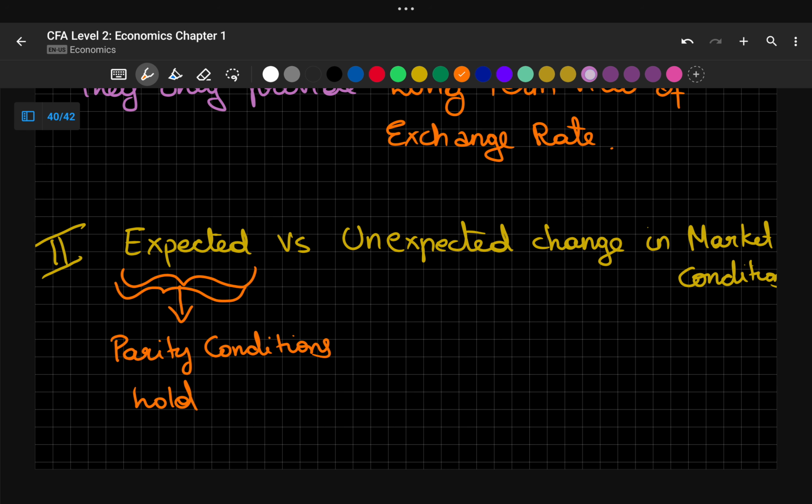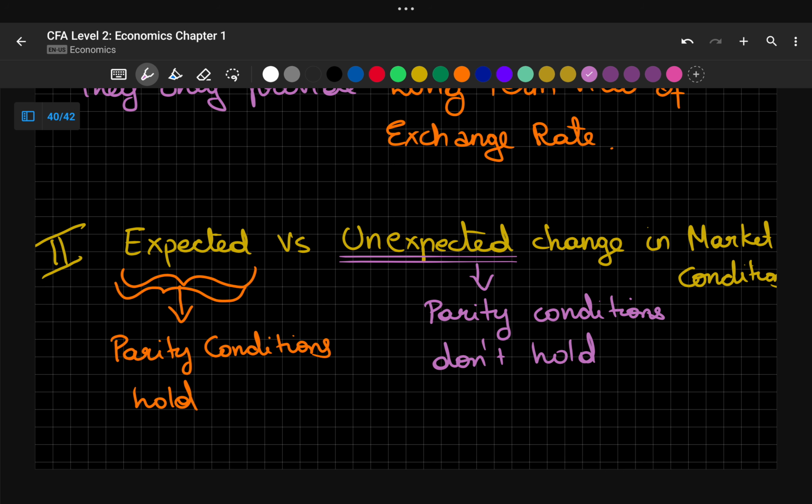But under a sudden unexpected change, such as the central bank of a country intervening in the FX market operations and bringing about some changes, the parity conditions or the calculated parity value won't hold because the market conditions have suddenly changed drastically. We have to calculate it again based on the revised market conditions and revised data.